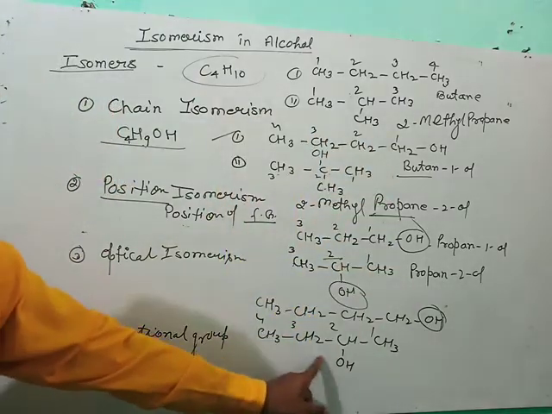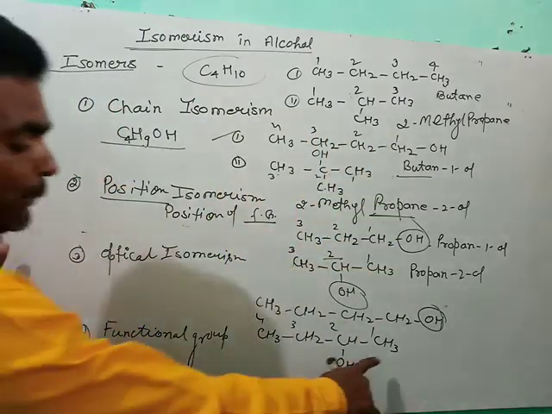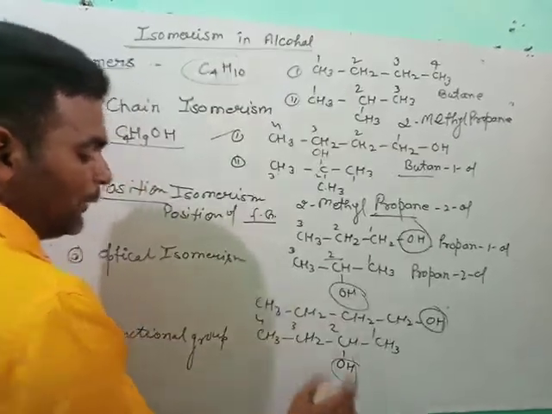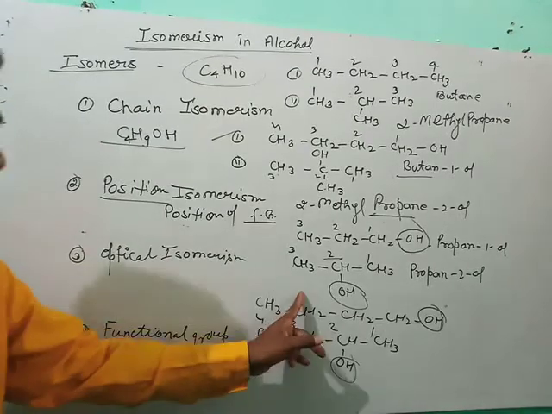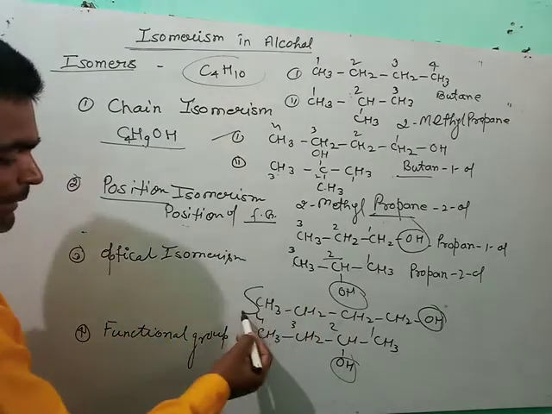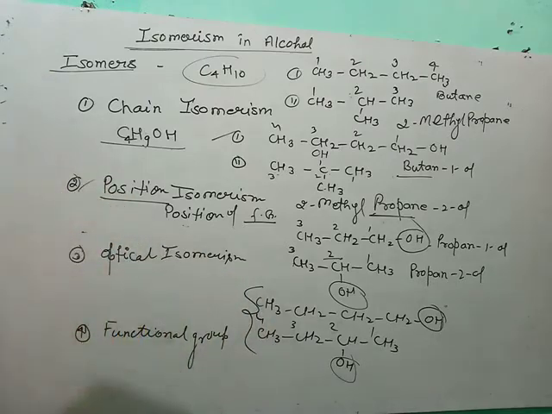This is butane 2-ol. So first is butane 1-ol and second is butane 2-ol. So this example also contains position isomerism.